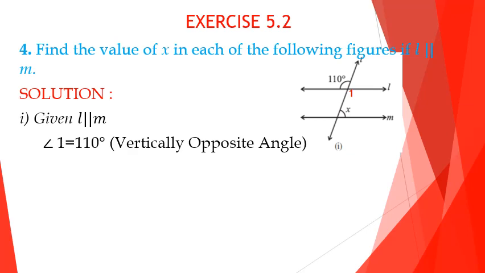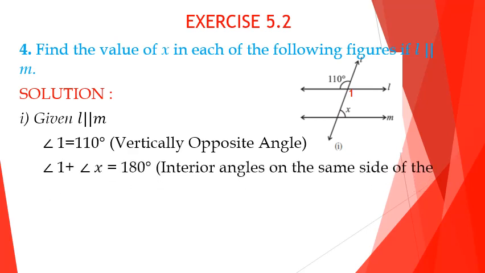Now look at the angles in the figure. Angle 1 and x are both interior angles on the same side of the transversal. And what about the lines L and M? Yes, the lines are parallel. So interior angles on the same side of the transversal will be supplementary.